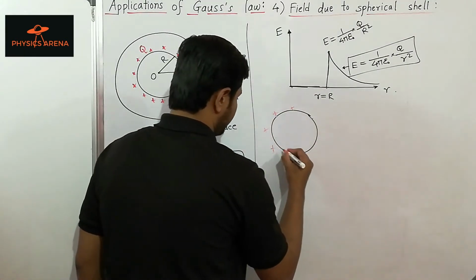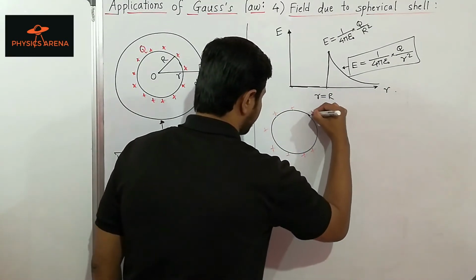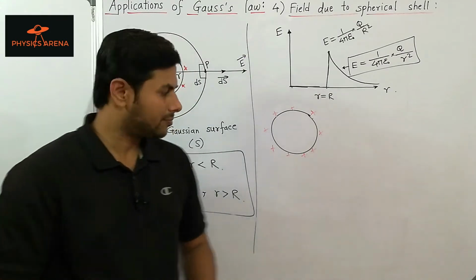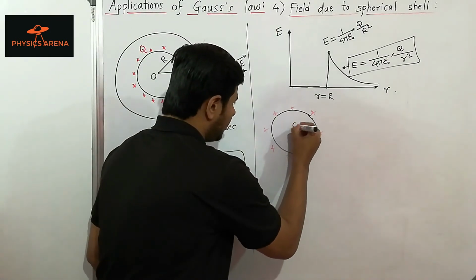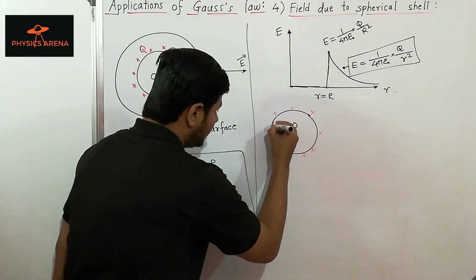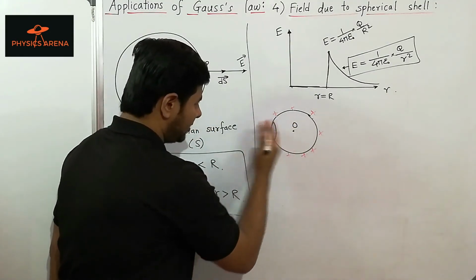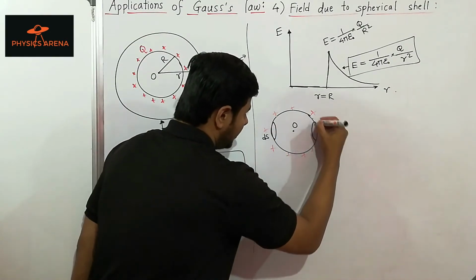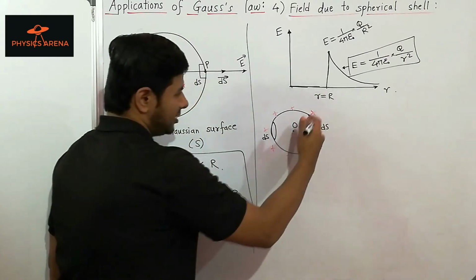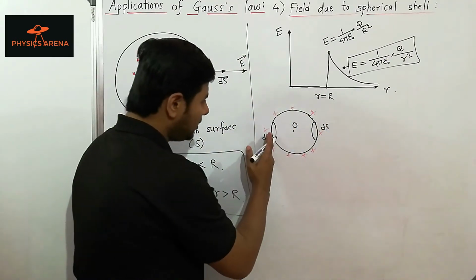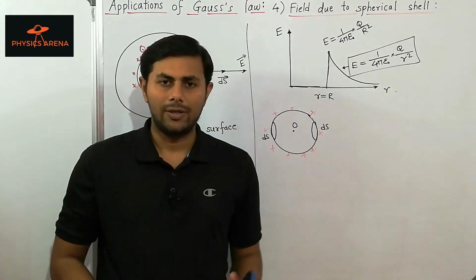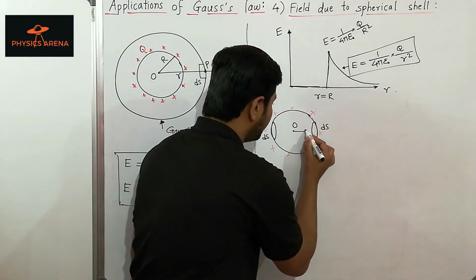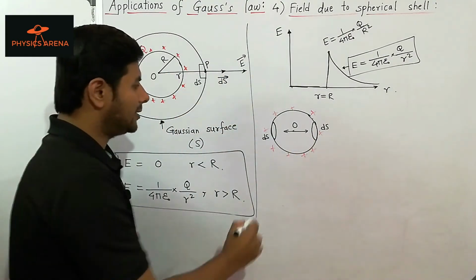Now it's clear that the electric field at the center would be 0, and it's because, suppose this is the center, if you consider some small region on this side of the center, let's say ds, and the region diametrically opposite to it, again of the same surface area, then this is positively charged, that is positively charged, and therefore the electric field due to both of them will be equal and opposite. So the electric field at the center would be 0.